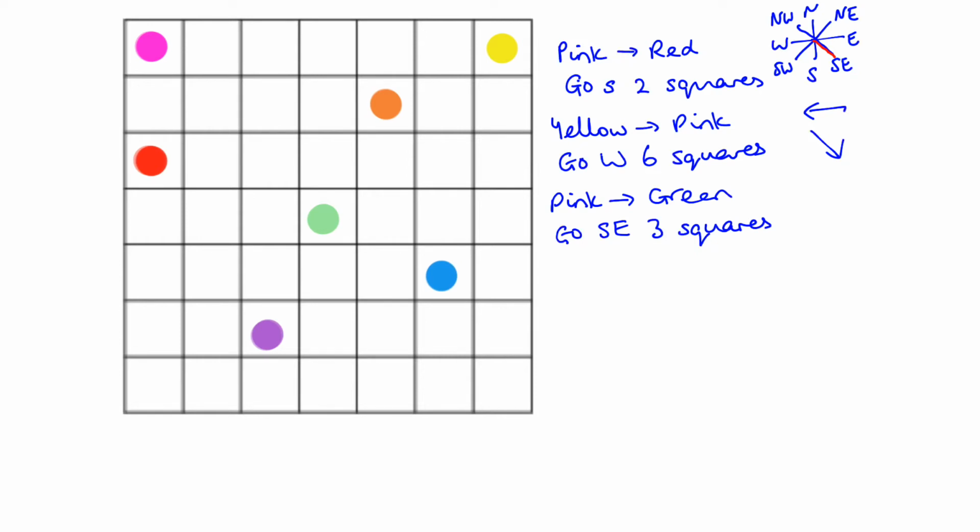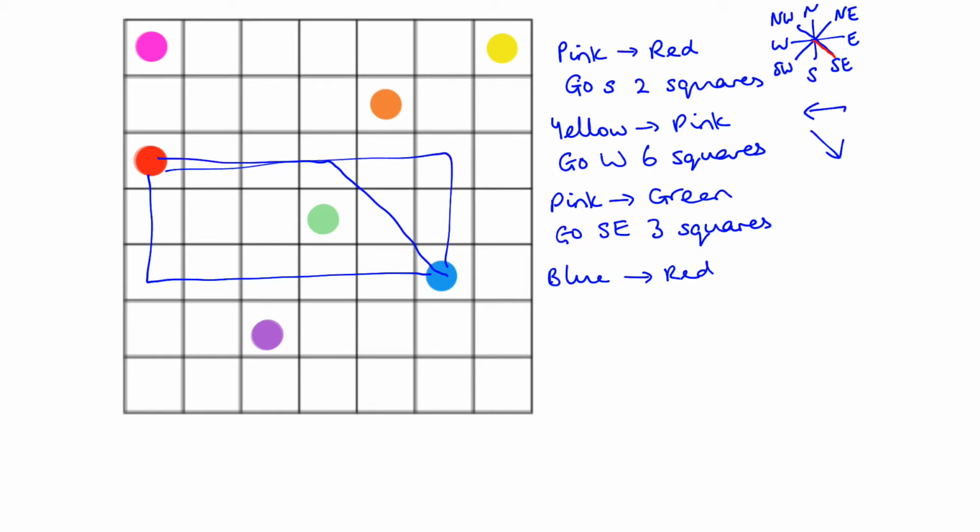We're going to go from, let's say, blue to red. So I've got a couple of different ways of doing this. We could go this way, or we could go that way. Or if we felt like it, we could go that way. So it doesn't really matter which way we go as long as we get there.